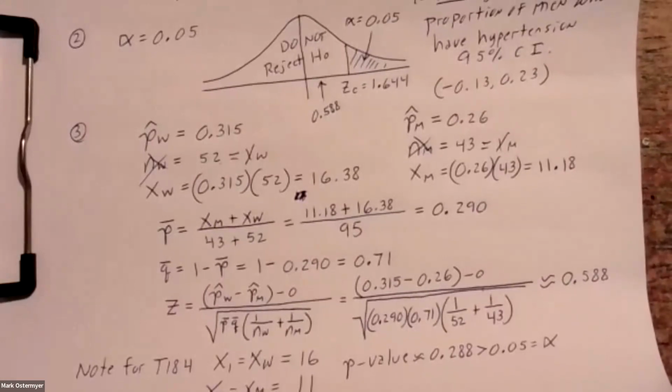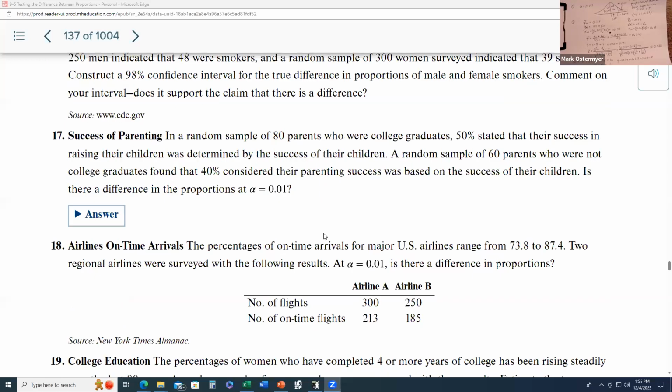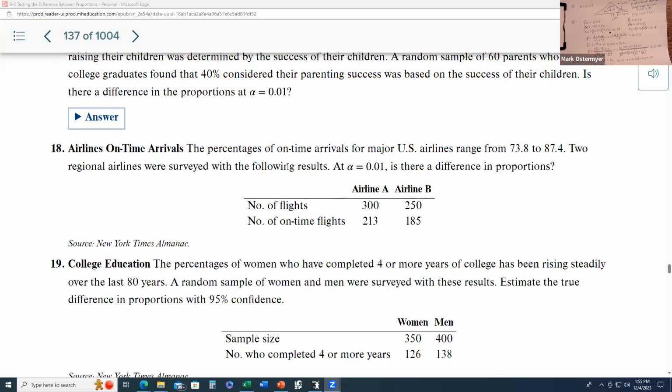All right. But I would like you to try to do another one. You can just use the p-value method for this next one. You do not have to use the critical value method. Number 18 looks like an interesting investigation. You can just use your p-value method involving the percentage of airlines that are on time.